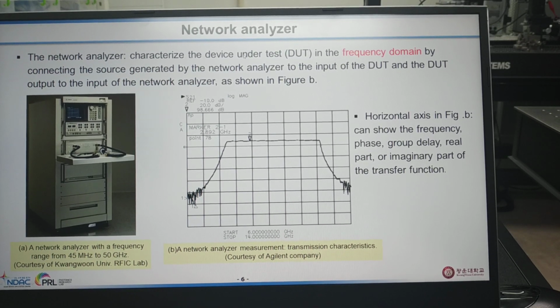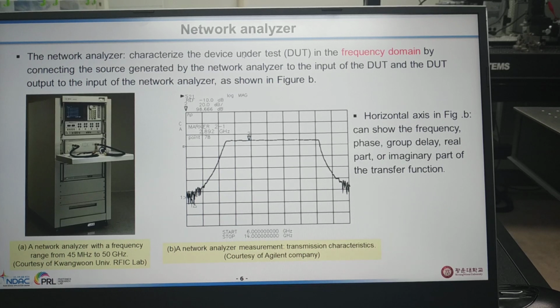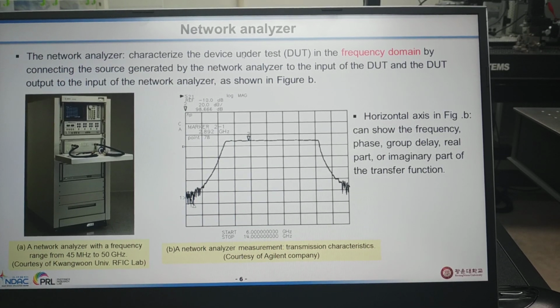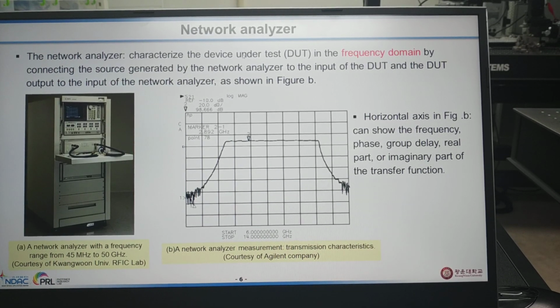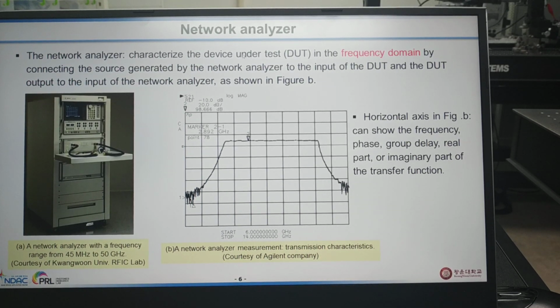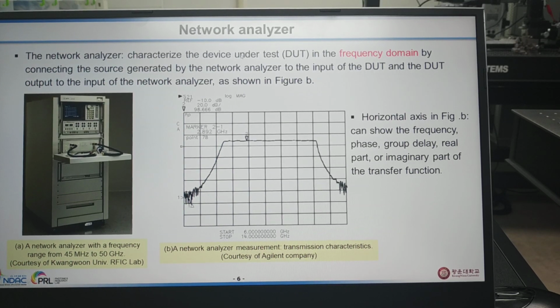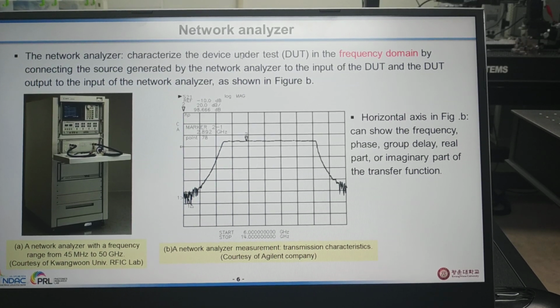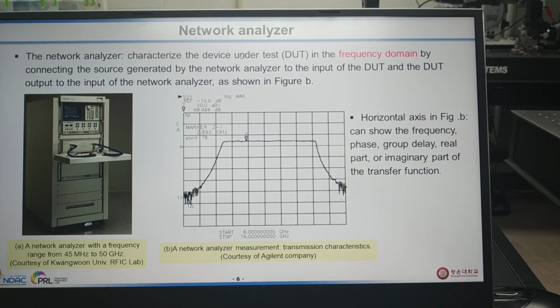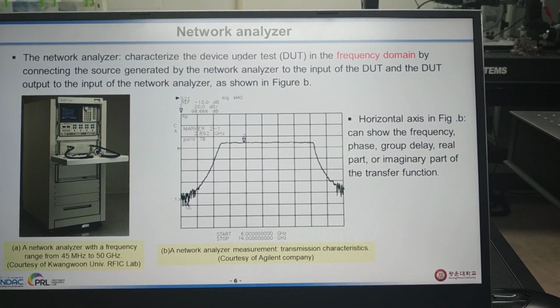So the result is as shown in figure B. In figure B, the horizontal axis can show the frequency, phase, group delay, real part or imaginary part of the transfer function.